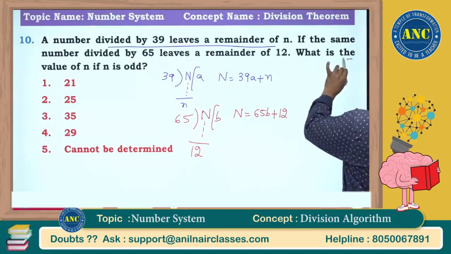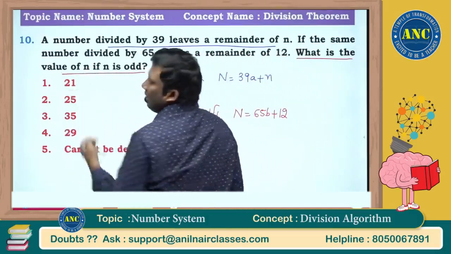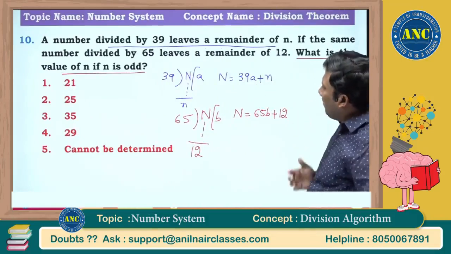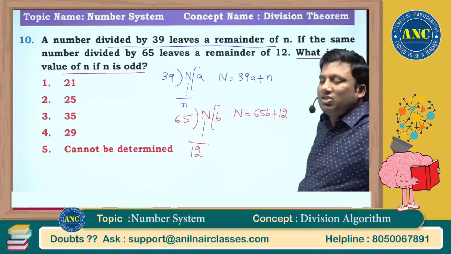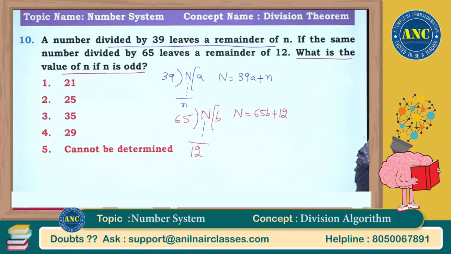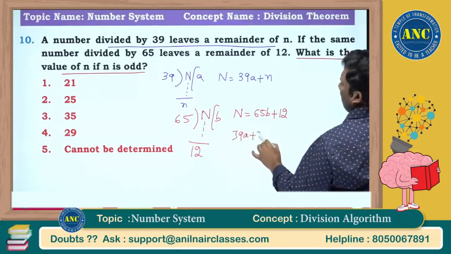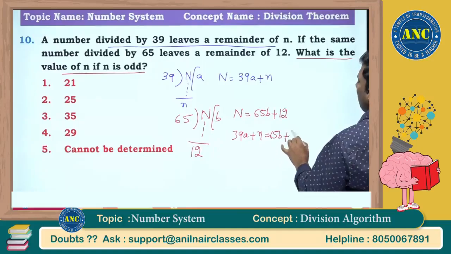What is the value of n if N is an odd number? A number first divided by 39 gives remainder n. A number when divided by 65 gives a remainder 12. Both are the same number. 39a plus n equivalent to 65b plus 12.